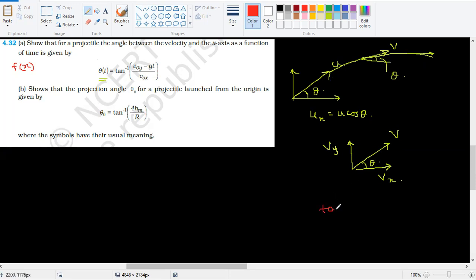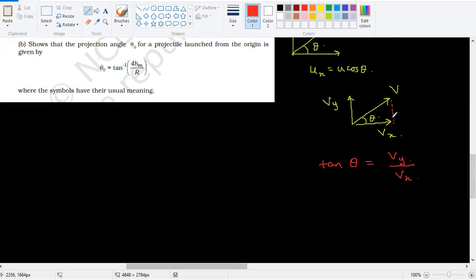So tan theta, I get the clue that I have to find tan theta, because if I bring it on this side, I'll be getting tan theta. So the clue is tan theta is equal to opposite by adjacent. So that means opposite is vy, adjacent is vx. Vy is your final velocity in the y direction.